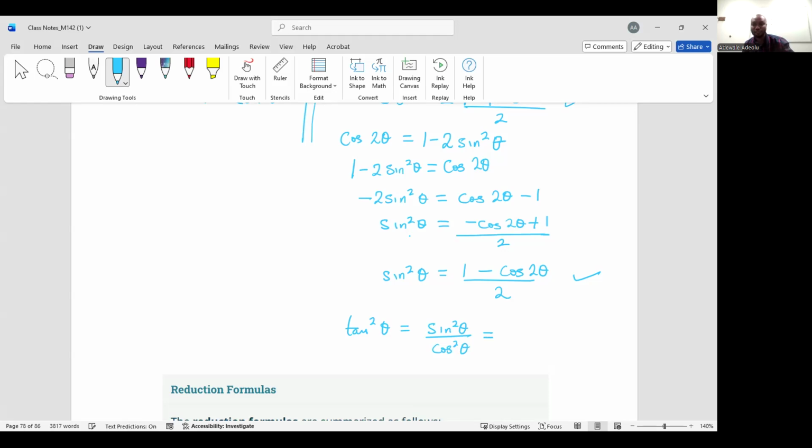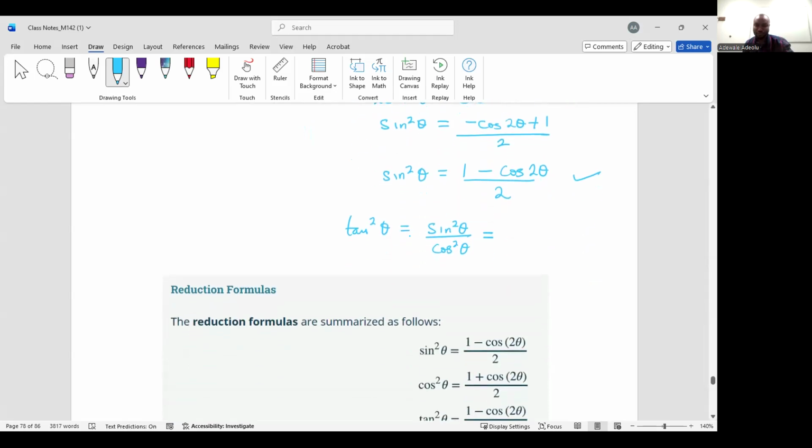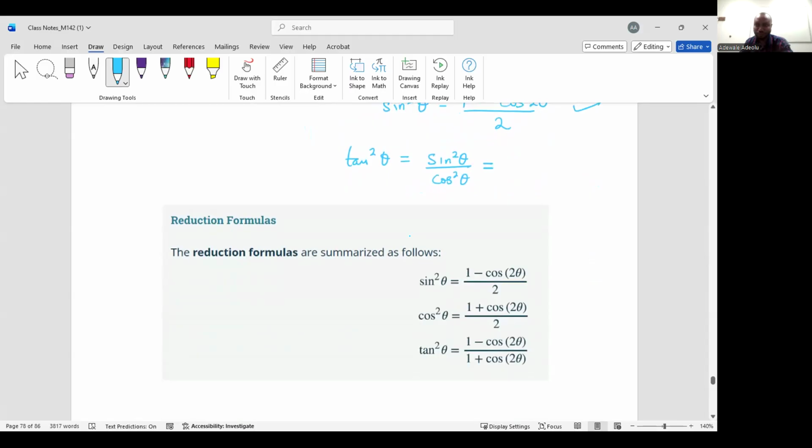And in the end, we will be having 1 minus cosine of 2 theta divided by 1 plus cosine of 2 theta. So these identities are called the reduction formulas. So, for sine squared of theta, for cosine squared of theta, and for tangent squared of theta.